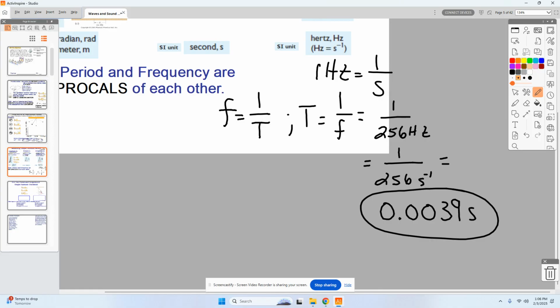I just finished up grading some of your egg drop projects that were turned in sort of late. 240 frames per second. If you had 1 frame count, that would have been 0.004 seconds. That's pretty darn close to that. So if your egg came to a stop in 1 frame, that would have been the amount of time it took for that thing to go through one of its cycles. So we're talking very, very small amount of time.